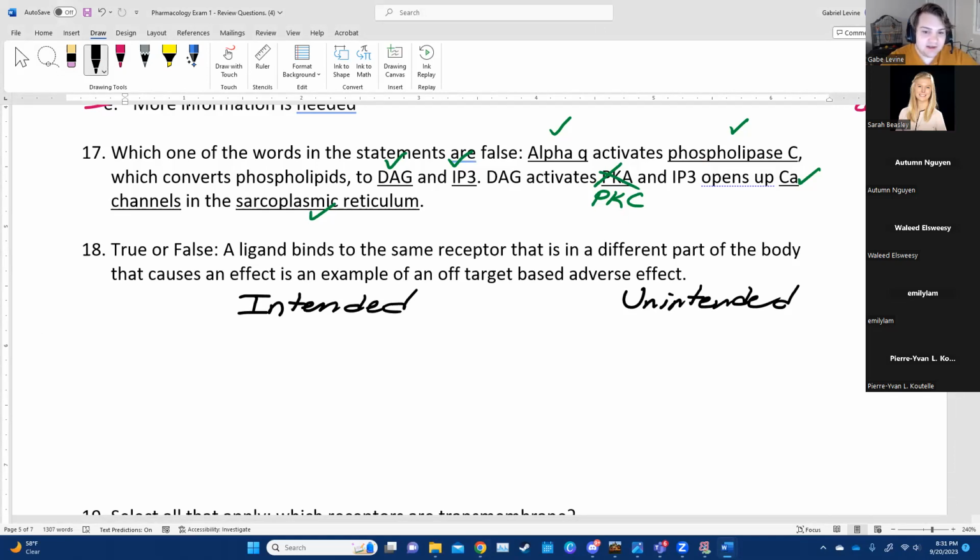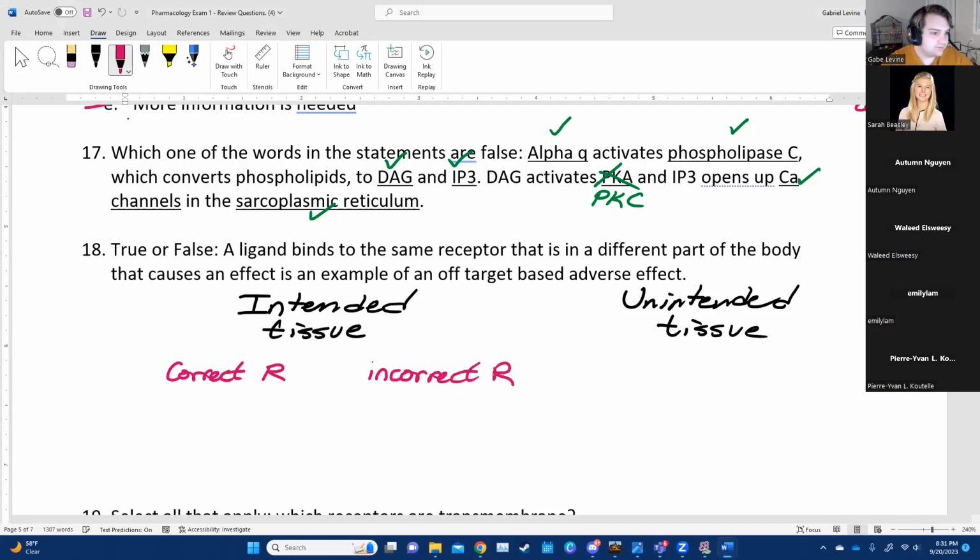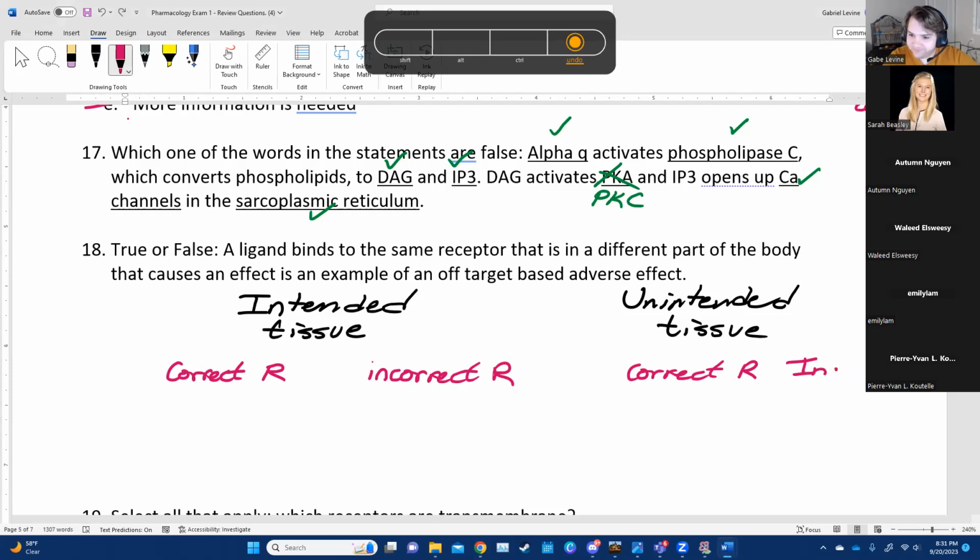So in the tissue that we want, we can also have the correct receptor and we can have the incorrect receptor. Correct receptor and the incorrect receptor. If I knew how to spell.